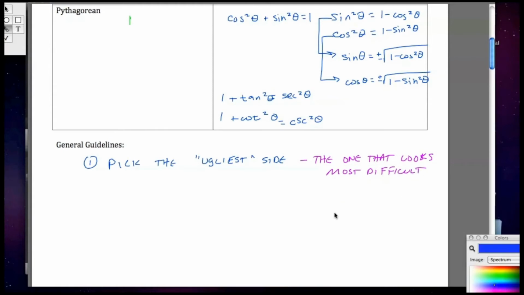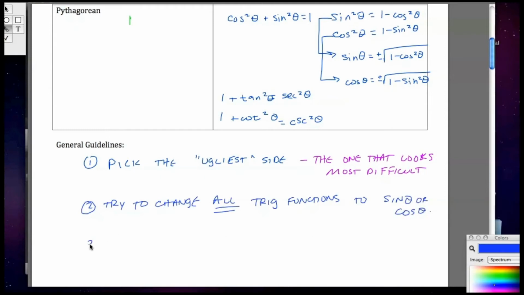The second general guideline is going to be to try to change all trig functions to sine theta or cosine theta.